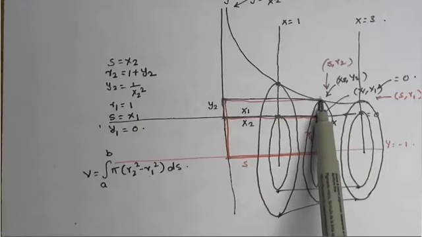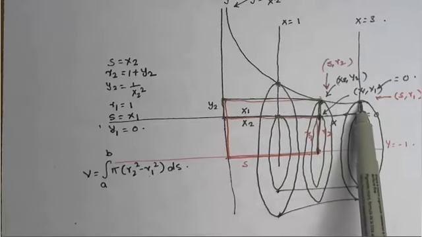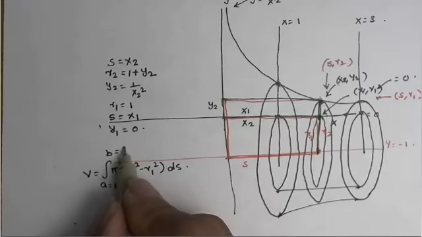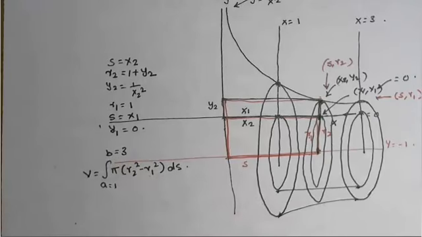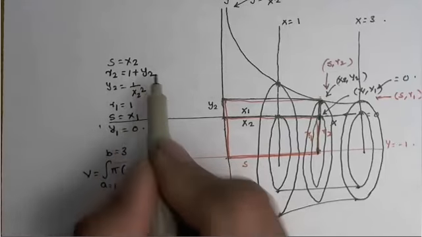And x2 are the x coordinates of this point. So as I move the point along the curve, the smallest x coordinate is this, which is 1. The largest x coordinate is this, which is 3. So I know a equals 1, b equals 3.